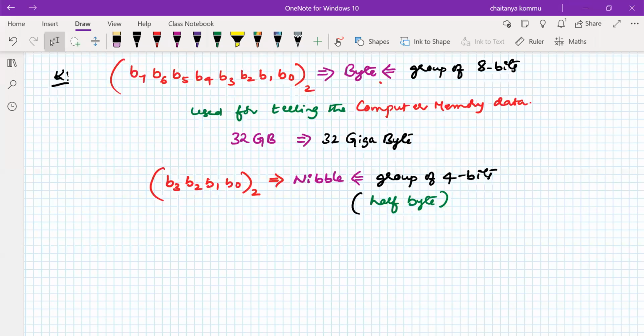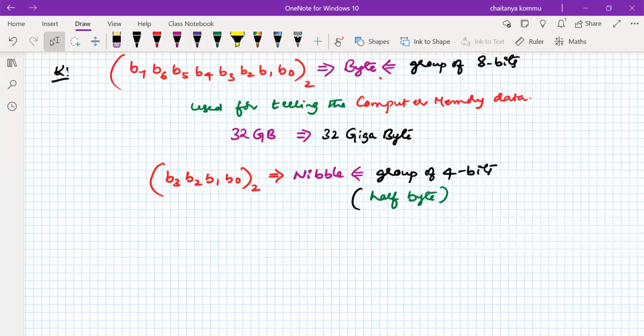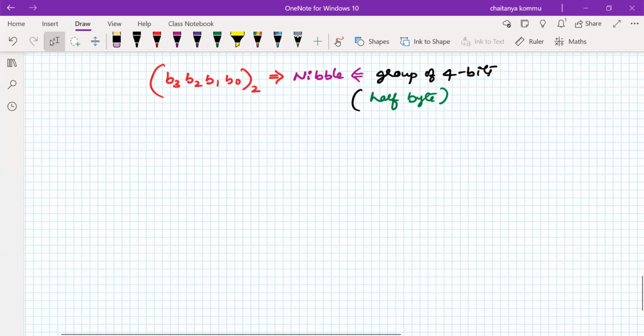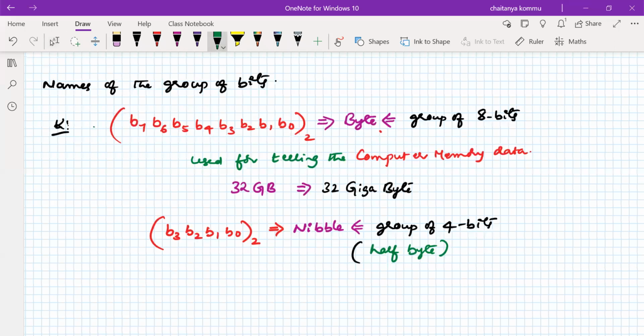But the usual practice is, what is the unit for this data? So this is the one point that I want to tell.